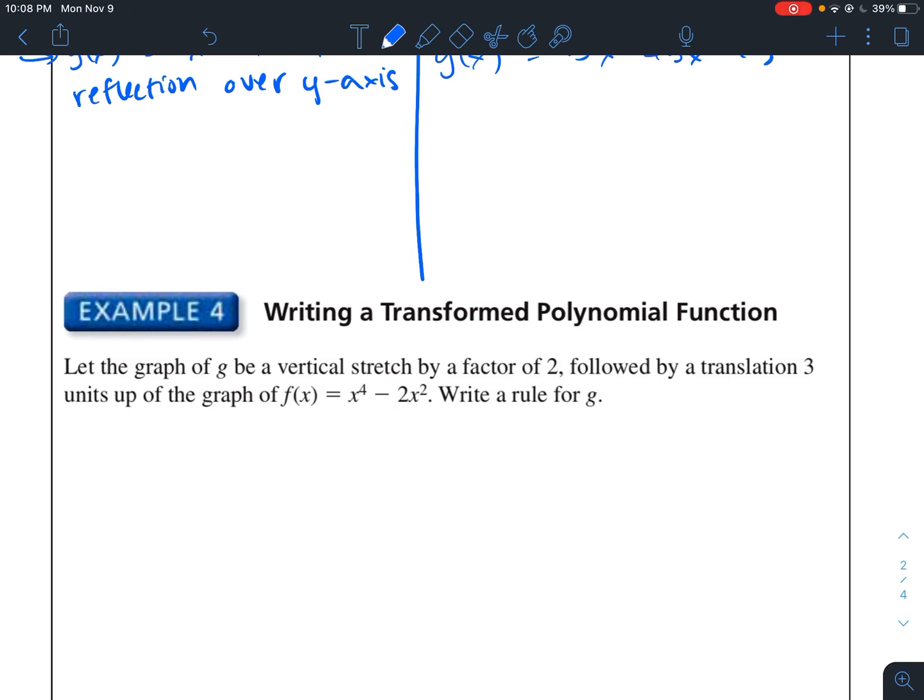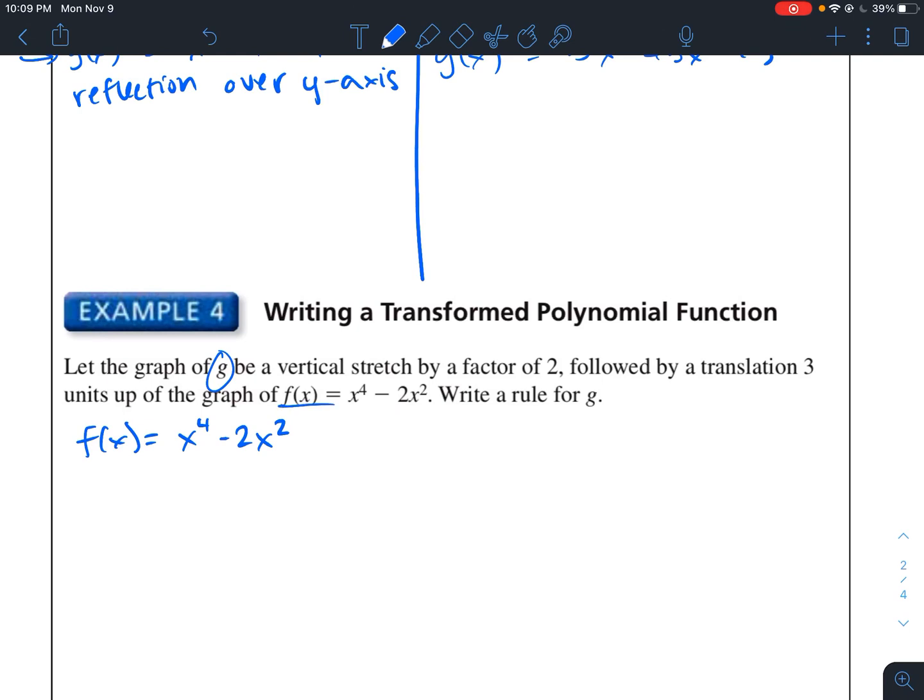Alright, so example 4, let the graph of g be a vertical stretch by a factor of 2, followed by a translation of 3 units, and we want to write a rule for that. So f of x is equal to x to the 4th minus 2x squared, and it says g is a vertical stretch by a factor of 2 followed by a translation 3 units up of the graph of f of x.